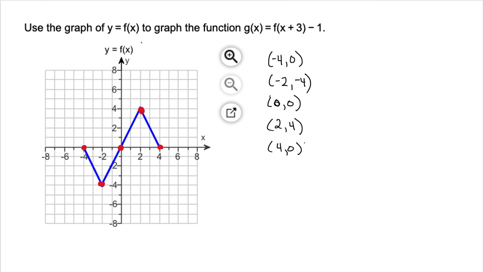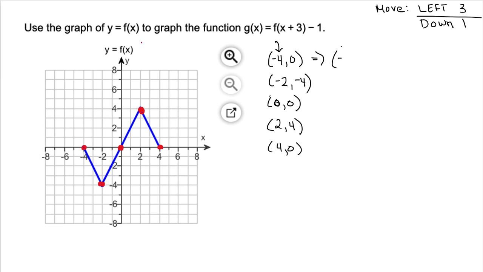Now I'm going to take these ordered pairs and apply my transformation. Remember, my transformation was to move left 3 units and then down 1 unit. Moving left affects my x-coordinate, the first number in my ordered pair. Since I'm moving left 3 units, I'm going to subtract 3 from each x-coordinate.